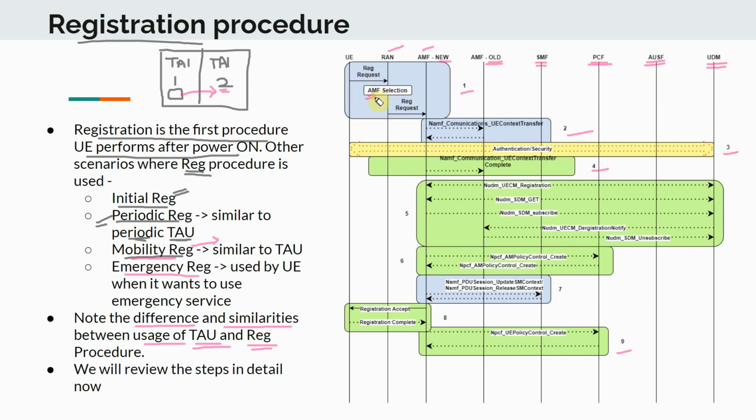Now, this can be based on a couple of key points, the AMF selection. It can be based on the requested network slice selection assistance information. So the UE, as part of the registration request, will send your network slice selection assistance information, right?